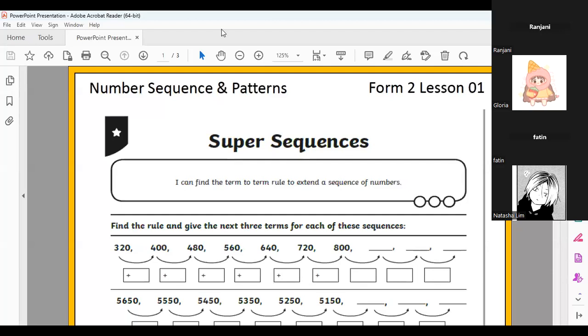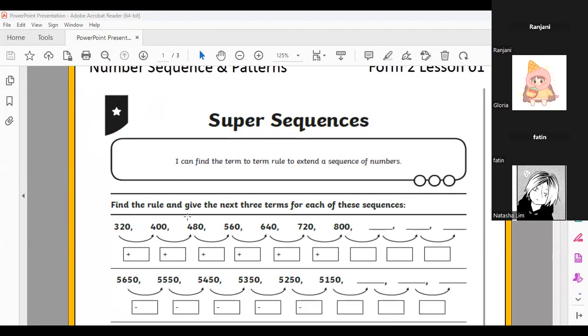All right, girls. So this is our module. As you can see, we have 1-star questions. 1 star means easy. What do we do here? We find the sequence: find the rule and give the next 3 terms for each of these sequences. Do you think you can do this now? 320 becomes 400, becomes 480, plus 560. This is super easy.